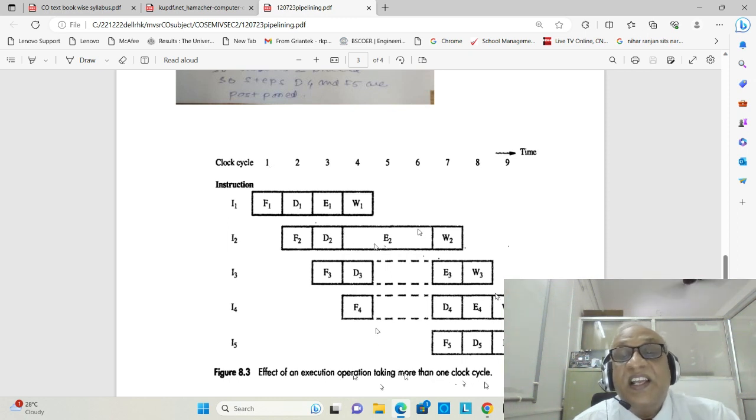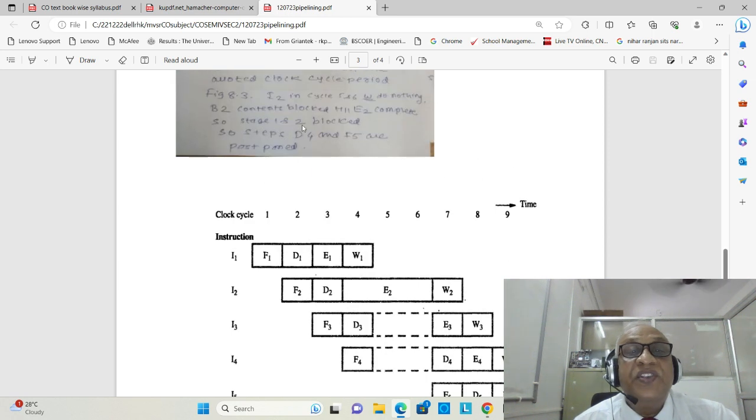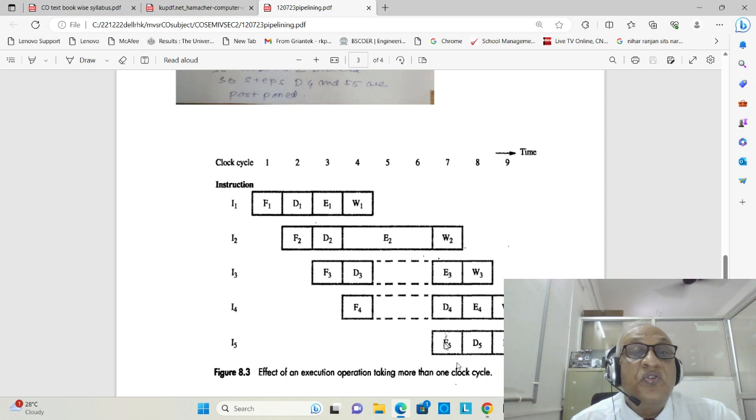But you can see the delay here, at least pictorially, that execute 2 is getting delayed a lot. With this delay, you have nothing to do for W. Buffer 2 cannot remove its content till execute 2 is completed, so stages 1 and 2 are blocked. Because of that, steps D4 and F5 are also getting delayed.